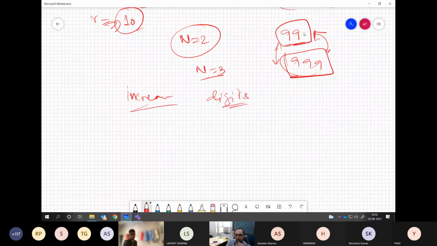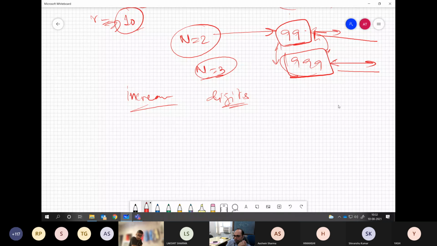For n equal to 2, whatever comes after 99, that information is lost. For n equal to 3, whatever comes after 999 is all lost. We can only receive and transmit up to this. So this is another limitation. Understanding my point?